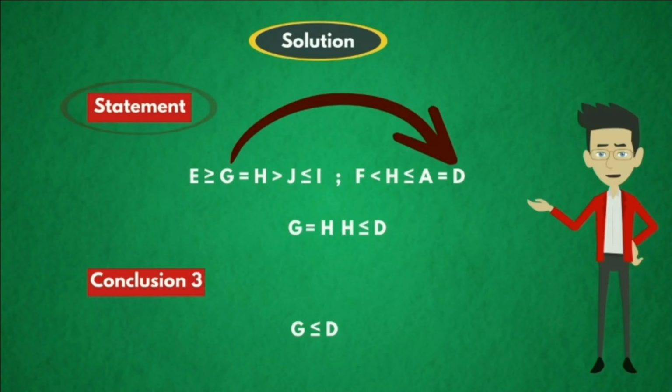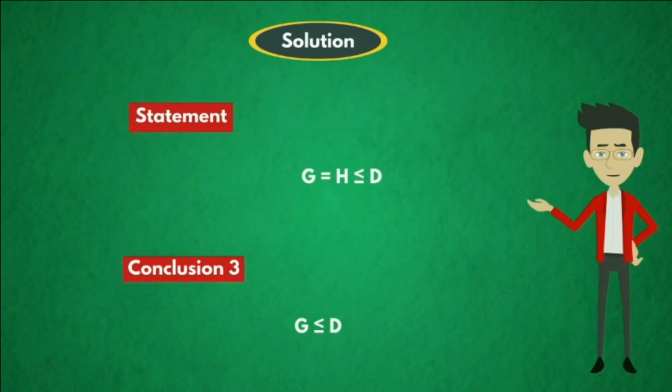So we will get a relation from G to D. In the statement H less than or equal to D, so here G equal to H less than or equal to D. So we can directly write this G less than or equal to D. So conclusion 3 is true.